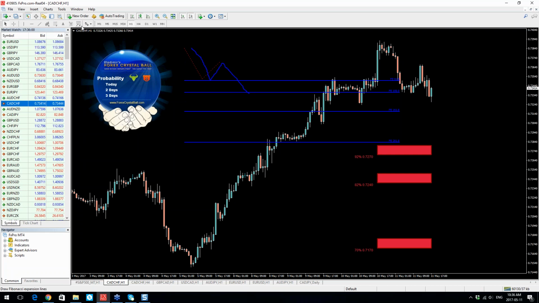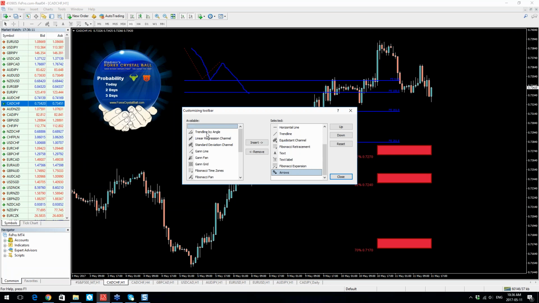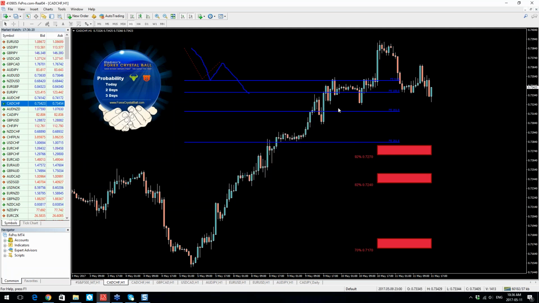Okay, you got it right here. Fibonacci expansion lines. If you don't have that, go to this dotted line, right click, customize, and inside the customization you would find the Fibonacci expansion, which is here. What you do after that is insert. You move it from here to here, and then you close. Once you did that, you have this tool right here.